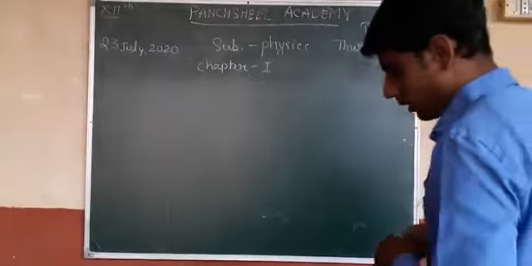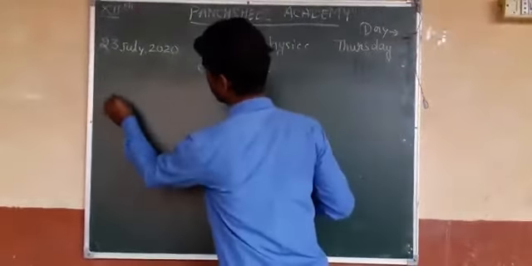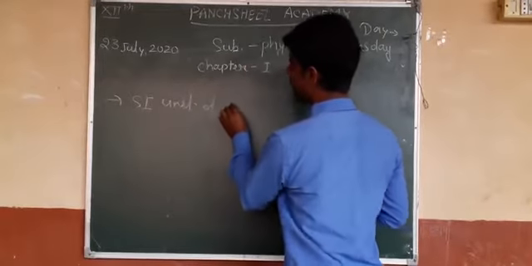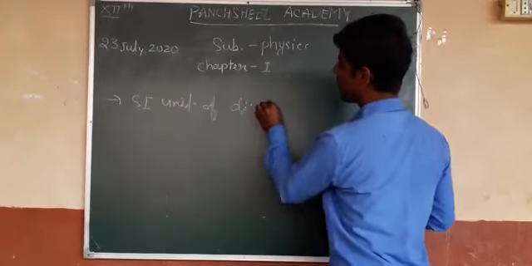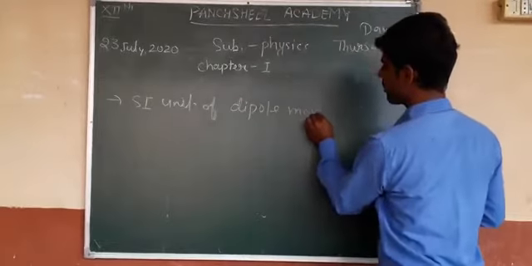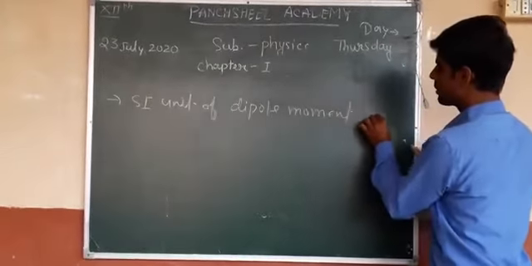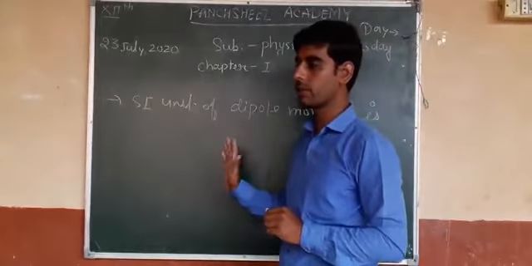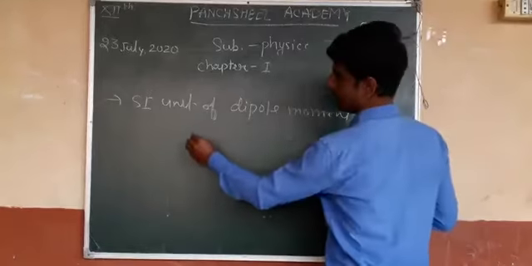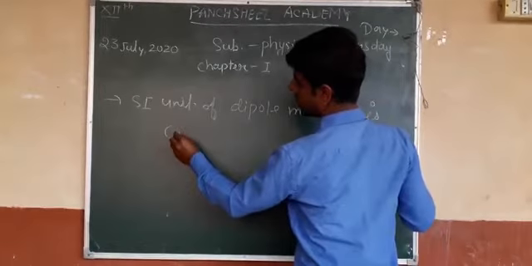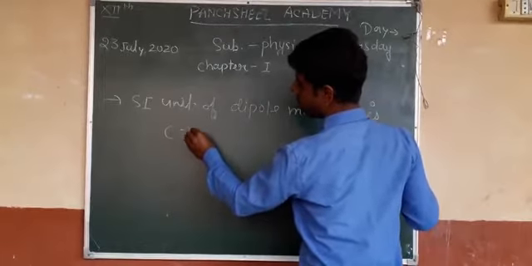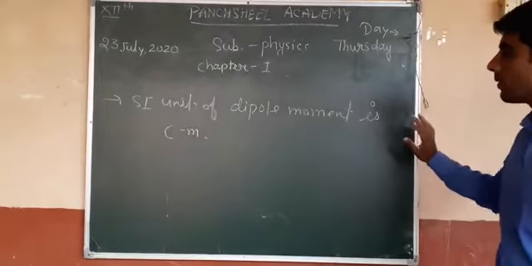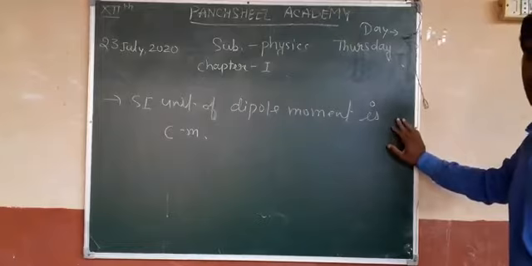One more thing, what is the SI unit of the electric dipole moment? It is q into 2a, where q is in coulomb, so the unit is coulomb meter. This is the SI unit of dipole moment, coulomb meter.